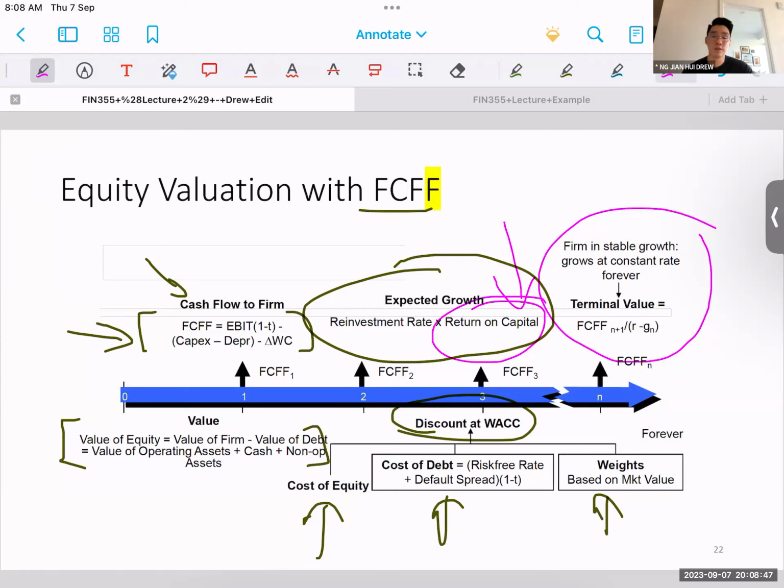Differ how? Because we will talk about firms that might grow fast, then grow slow, and then go normal. So there are changes here and there, and that's where we go into detail. But now we're talking about the standard approach, so it's just stable growth, stable growth forever.